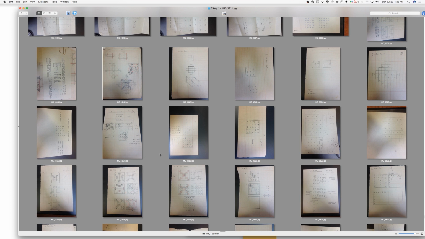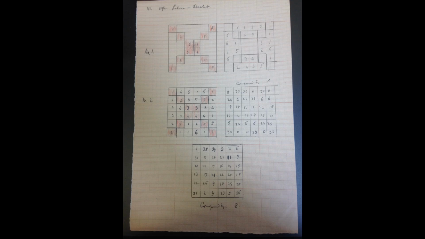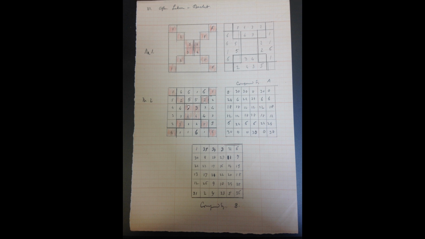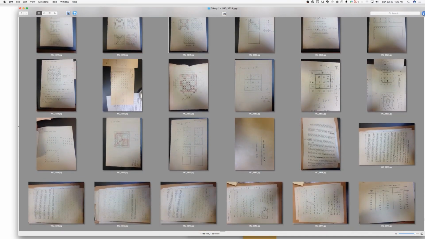Why did he care about these? Why did he care? What is that? Some kind of duplicated magic square. I don't know why he was doing that. Let's see.